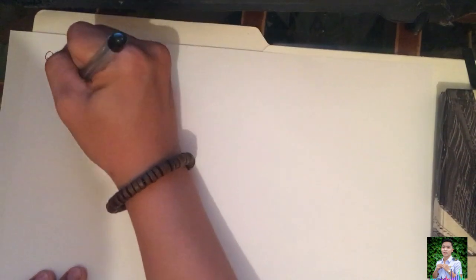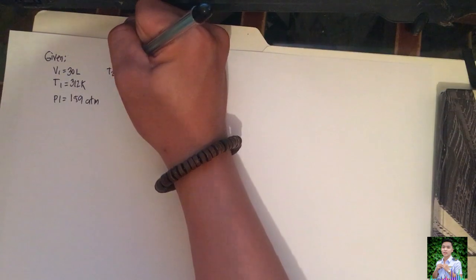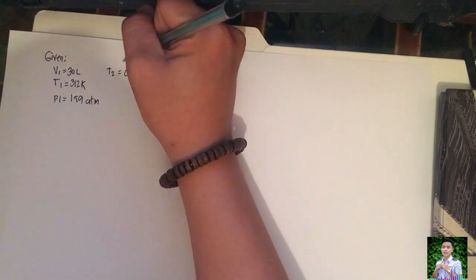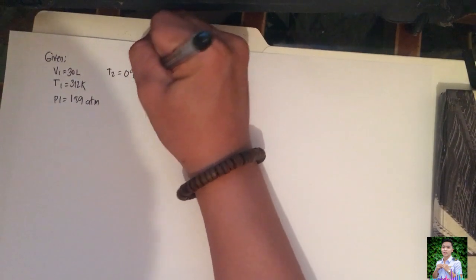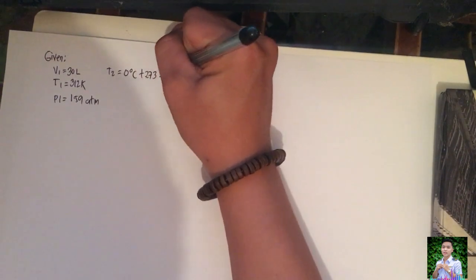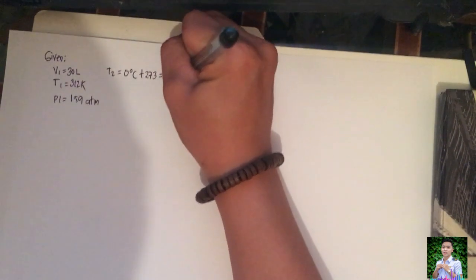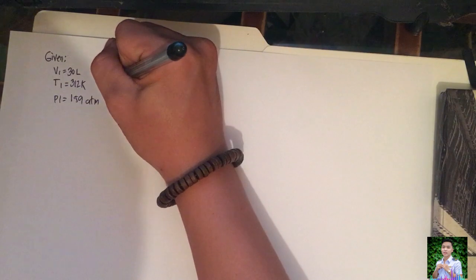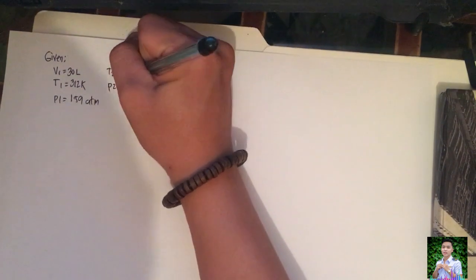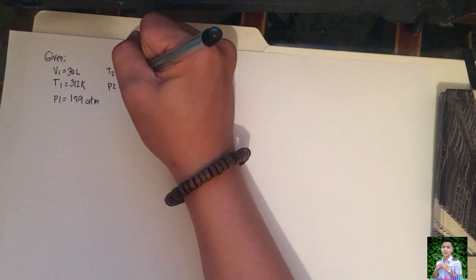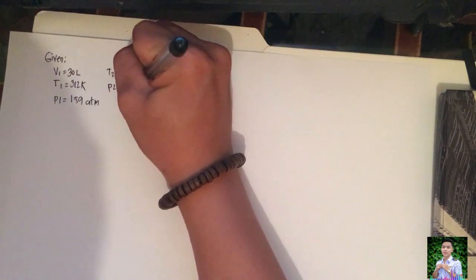P1 is equal to 1.59 atm. And T2 is the standard temperature, which is equal to 0 degrees Celsius. Let's add 273 to make it absolute. So T2 is equal to 273 Kelvin. And P2 is the standard pressure, which is equal to 1 atm.